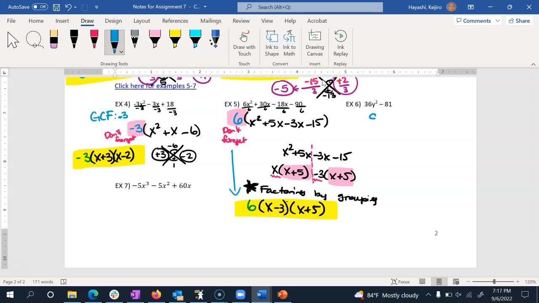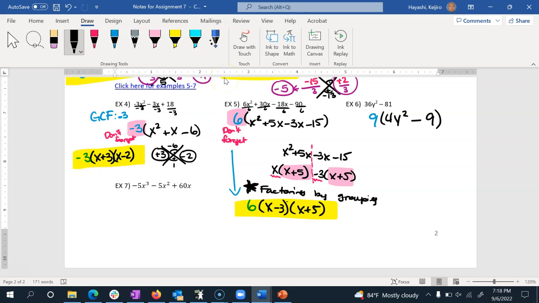So we'll factor out a 9: 4y squared minus 9. Technically, even as it was first presented, 36y squared minus 81 was already a difference of two squares, but it's not fully factored. Now it is.